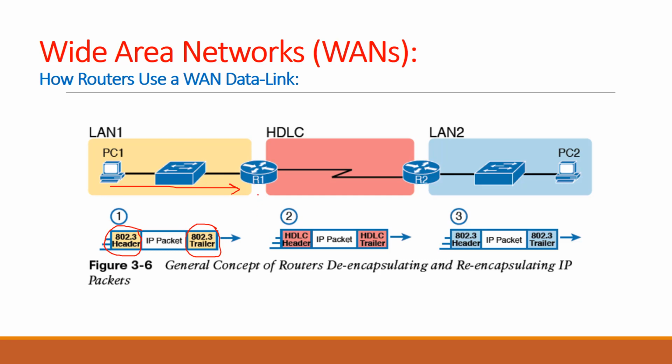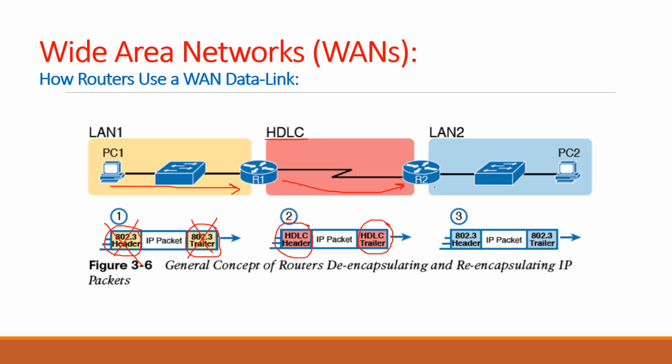Step 2, R1 de-encapsulates, or removes, the Ethernet header and trailer, and before sending to R2, it re-encapsulates the IP packet inside a new header and trailer based on the protocol used between R1 and R2, HDLC header and trailer of course, because the layer 2 protocol used here is HDLC, not point-to-point, and sends the frame to R2.